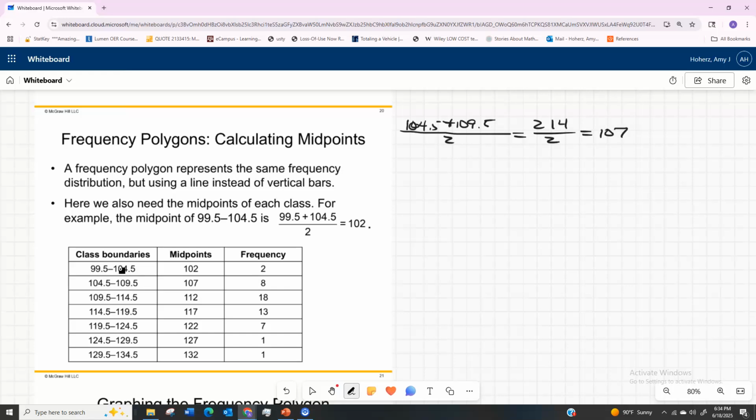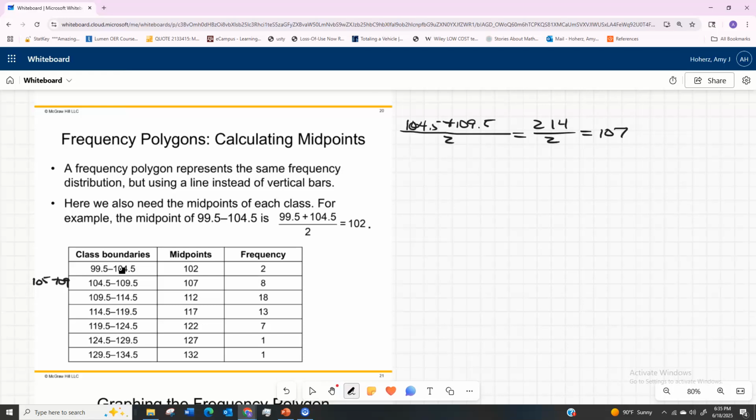Now, if you were given the class limits instead of the class boundaries, you could use the class limits. So in this case, for instance, the class limits would be 105 to 109. That would also add up to 214, which then would also give us a midpoint of 107. So you can either use the limits or the boundaries, whichever you're given.